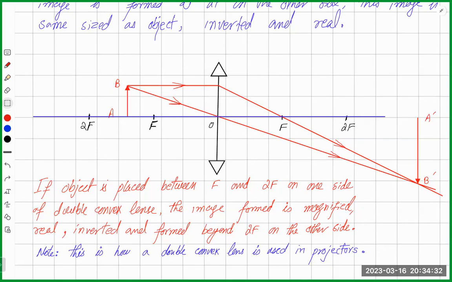Obviously, that source is definitely placed between F and 2F. So when light rays go through that lens, they form a very large image on the screen. Because this image is produced on a screen, it is obviously a real image, larger and inverted.